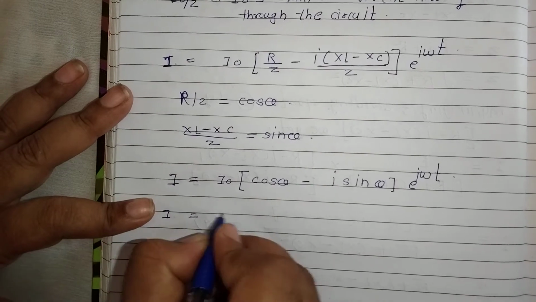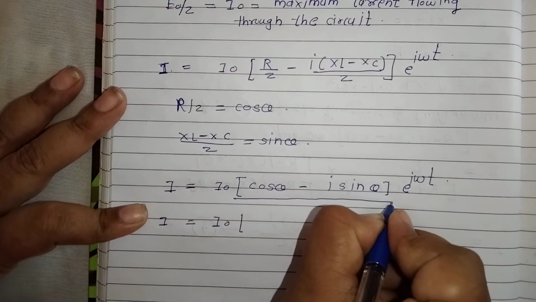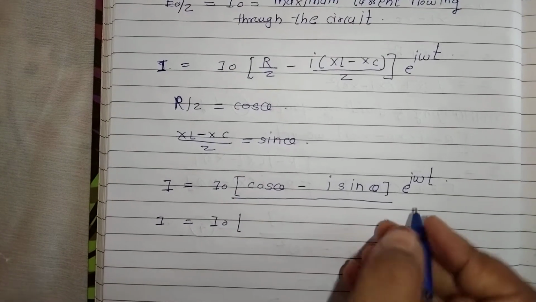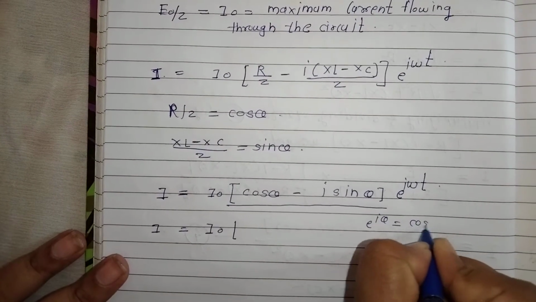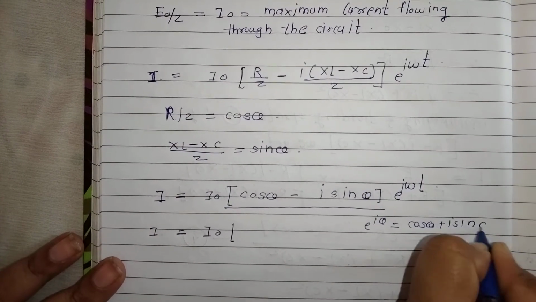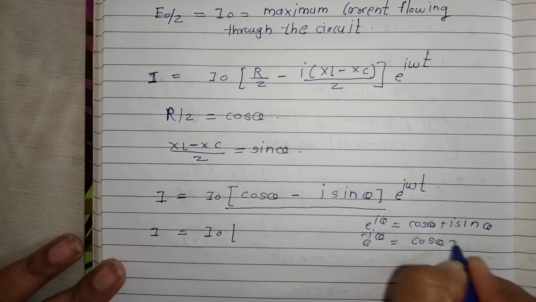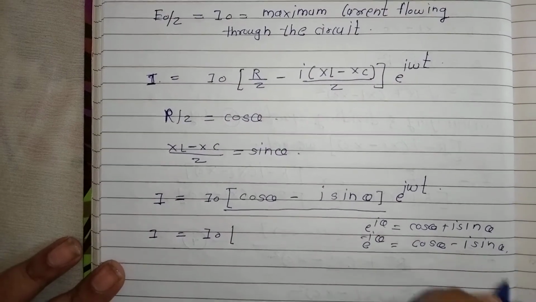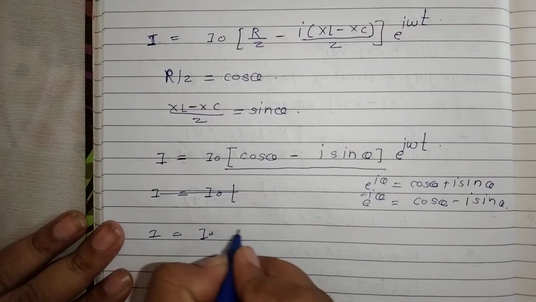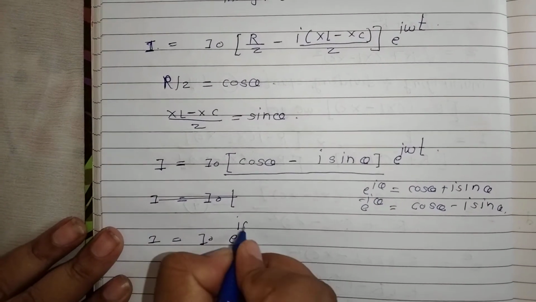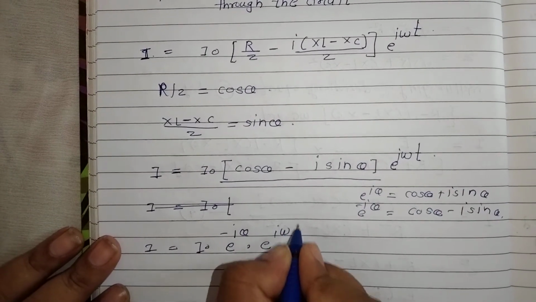I is equal to I0 times this, which is nothing but e raised to minus i theta, because e raised to i theta is equal to cos theta plus i sin theta, and e raised to minus i theta is equal to cos theta minus i sin theta. So I is equal to I0 e raised to minus i theta into e raised to i omega t.